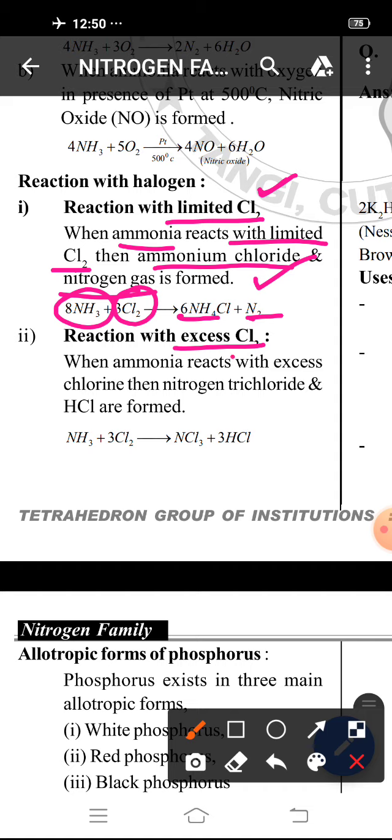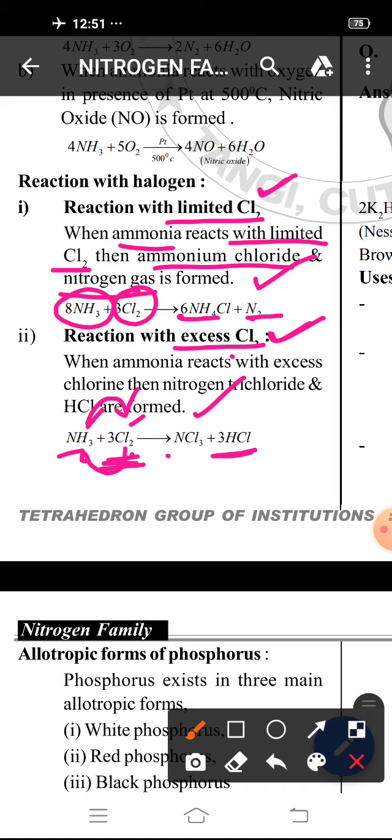When chlorine is taken in excess amount, that means ammonia is taken in limited amount. When ammonia reacts with excess chlorine, it forms a chlorine type product. That means it undergoes substitution. Hydrogen is replaced by the chlorine atom forming NCl3, and the remaining hydrogen and chlorine form HCl.